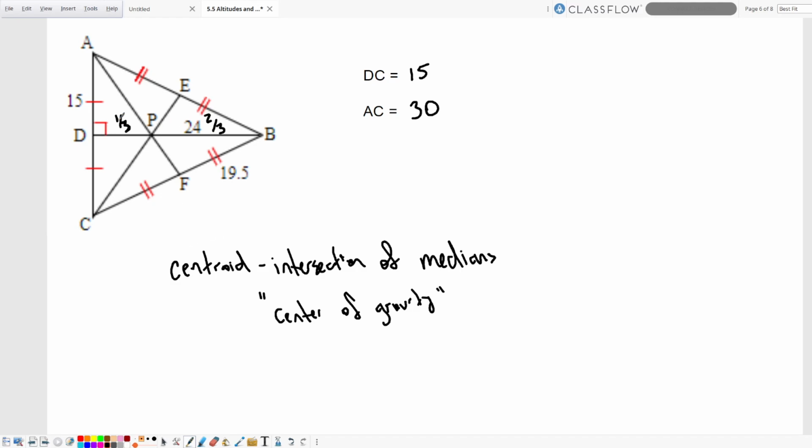So that means that if you want to find out what the measurement of segment PD is, well, this is 2/3, this is 1/3, so 2/3 to 1/3, you're just dividing by 2. So if you take 24, divide that by 2, you would get that PD should be 12 units long, which would also tell you that DB, if we know that this is 12 units and this is 24, the full segment should be 36.